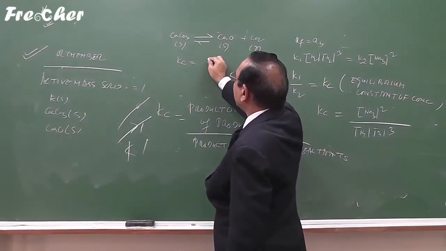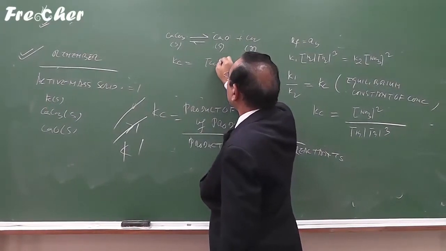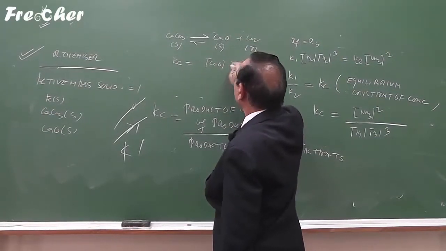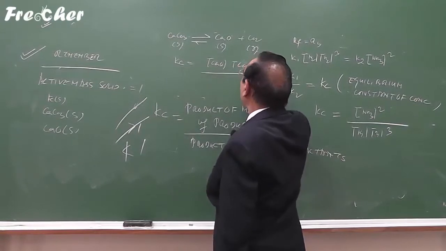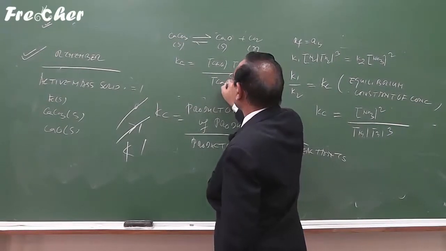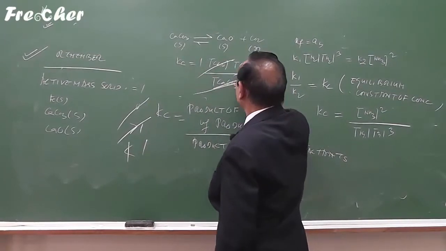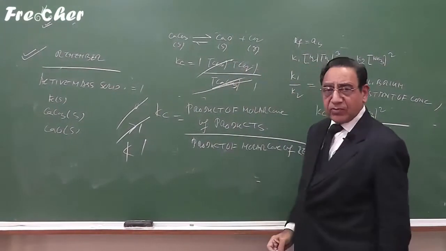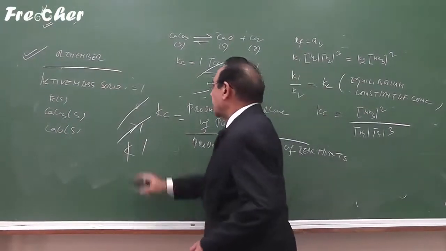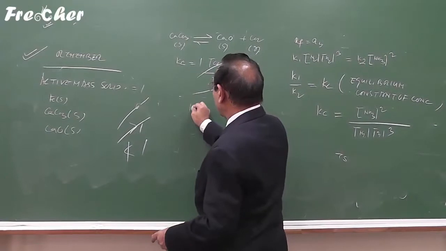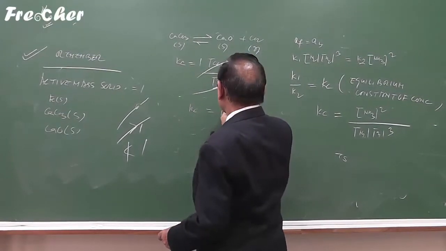In the expression they will intentionally write like this: calcium oxide, carbon dioxide over calcium carbonate. But this is wrong. Don't take them. Take that as 1. So Kc will be simply the concentration of carbon dioxide.